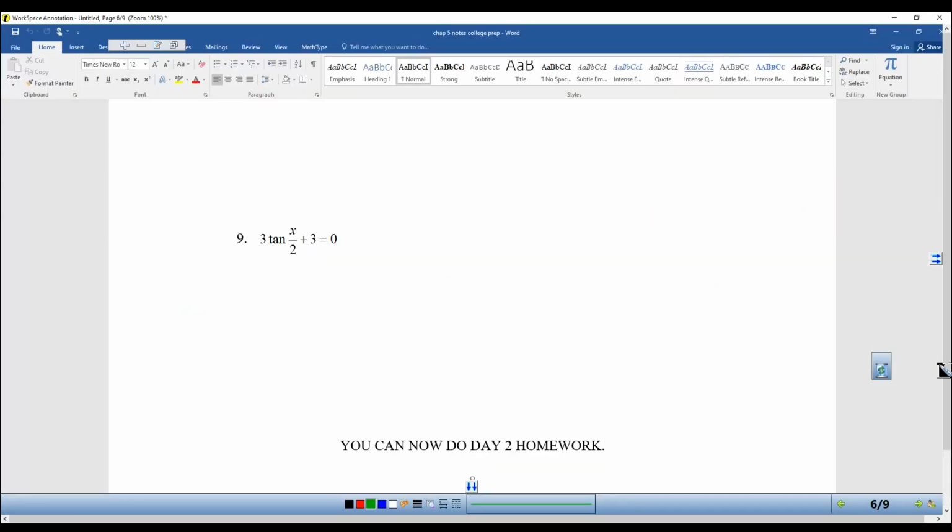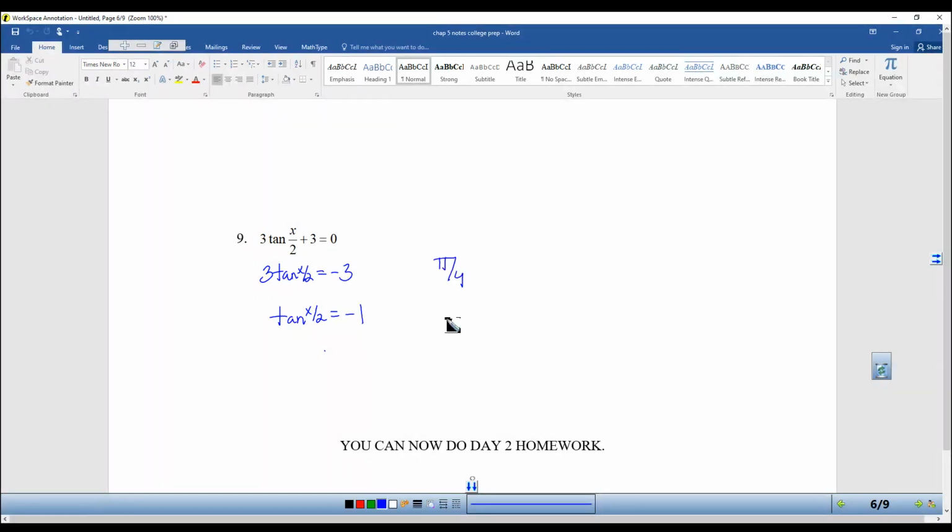All right, we'll try one more of those, and then you'll be able to do your day 2 homework. So when do I worry about that x over 2? Not until I'm about to box my answer. So my first step is to subtract 3. And then I'm going to divide by 3. I look at my reference angle. When is tangent equal to 1?